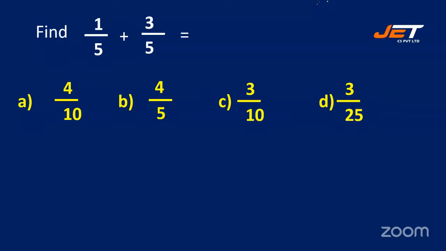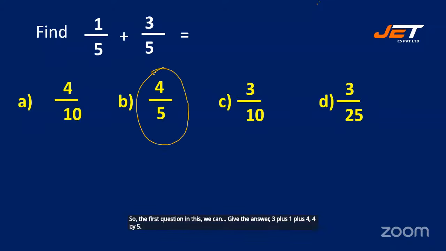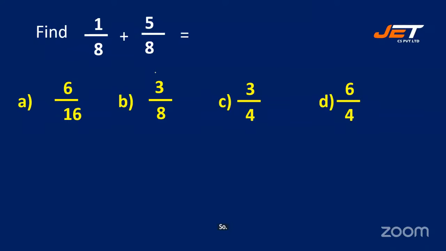Yes, so 4 options are given. You can start giving me your answer. So being the first question in this, we can give the answer. 3 plus 1 is 4, 4 by 5. So your option is B.